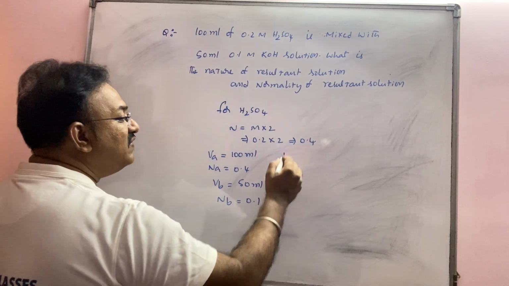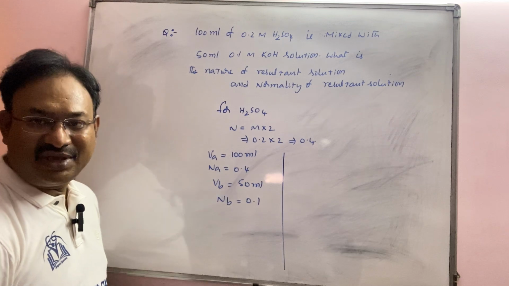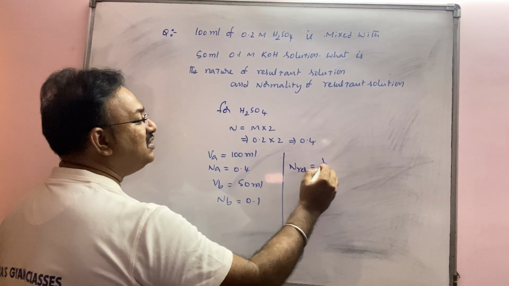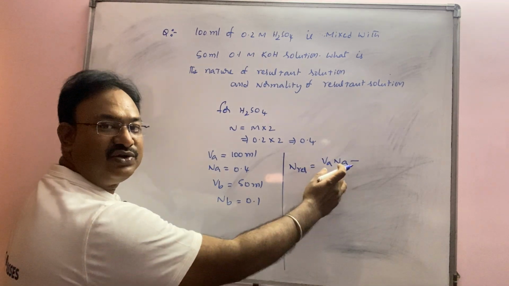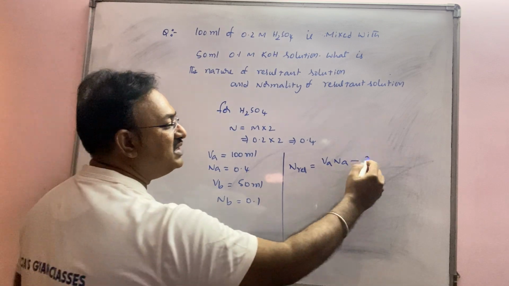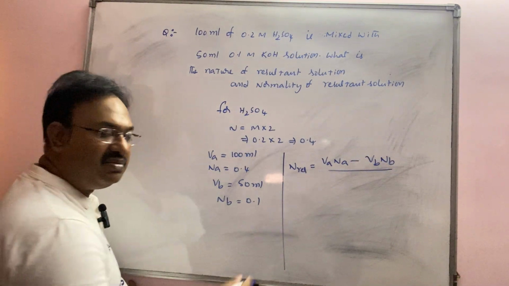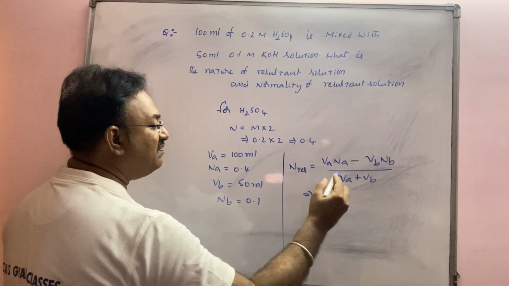Now, which is stronger now, acid or base? So acid is stronger than base, right? So then normality of resultant is equal to, how to do it, VA, volume of acid into normality of acid, minus VB, volume of base into normality of base, by VA plus VB, volume of acid and volume of base.